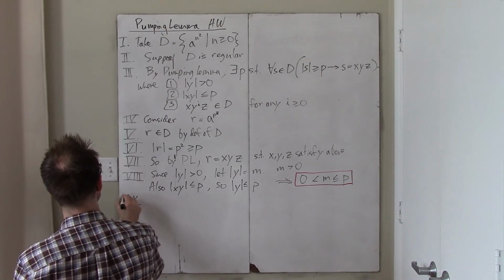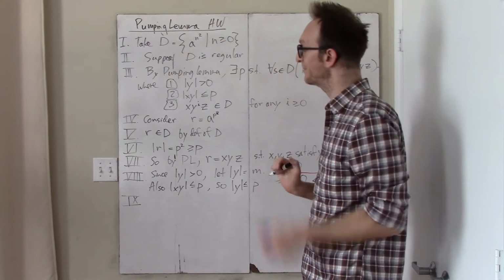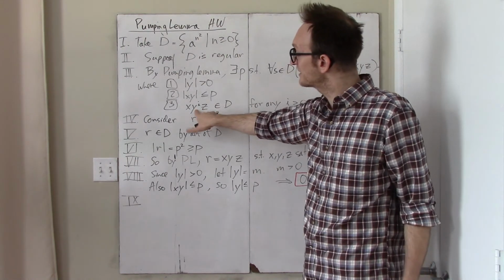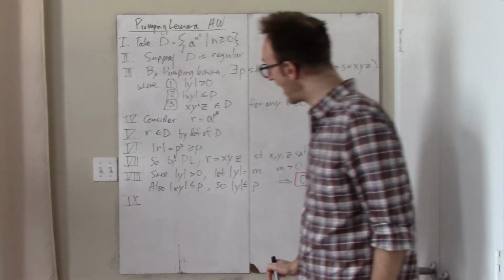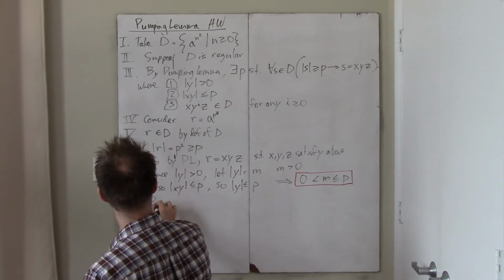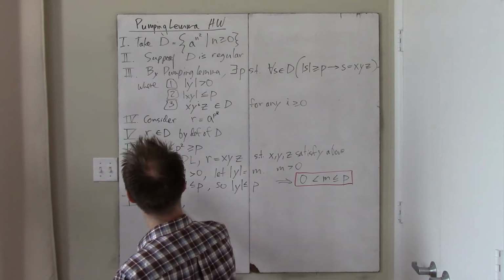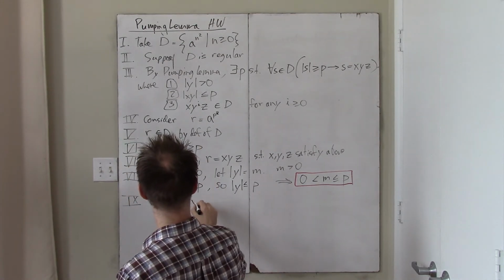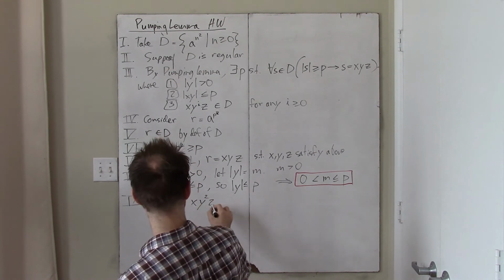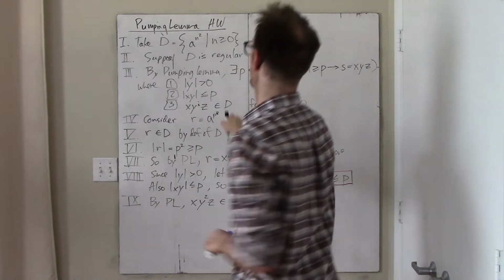When we pump, it's clear that if I just pump once, as people say, then I have a string which is not in this language. In other words, make this machine process that loop y one more time. So by the pumping lemma, I introduce a new string, x y squared z, and it must be a member of D. That's what the pumping lemma says.